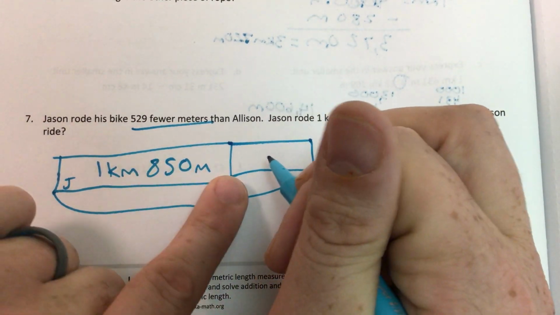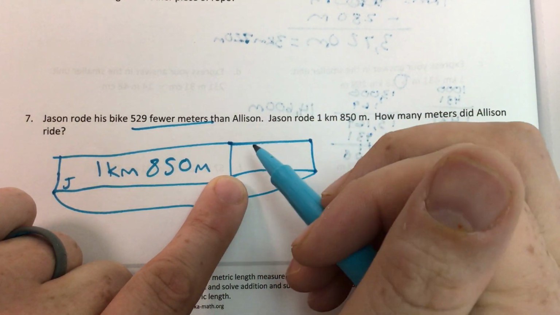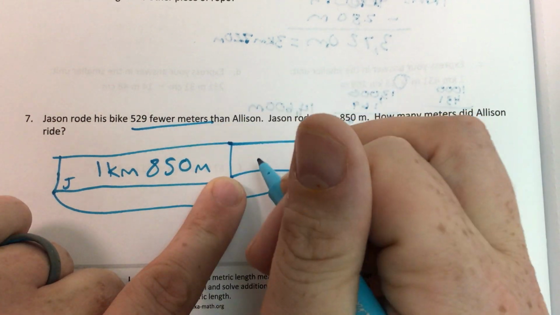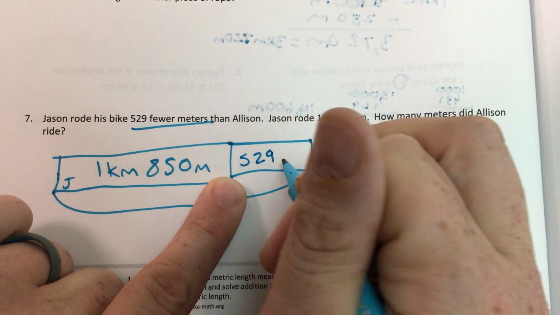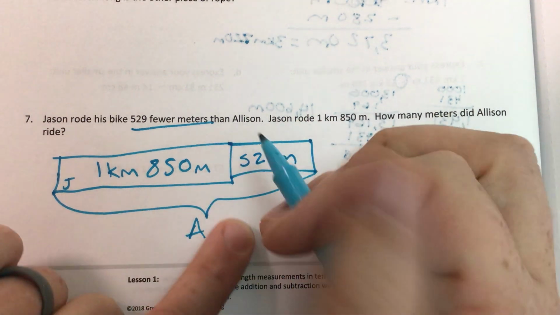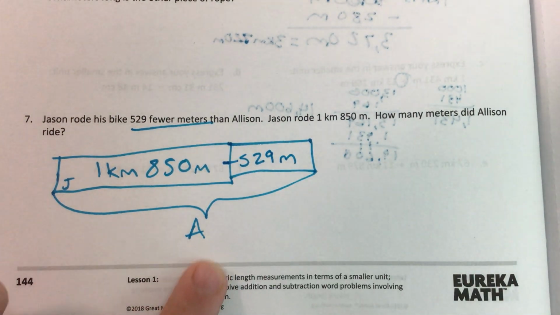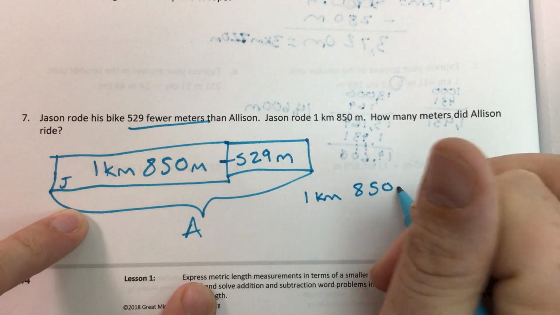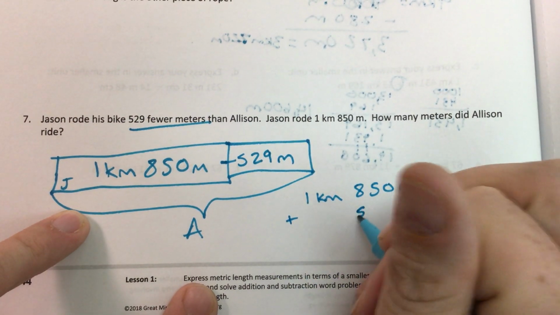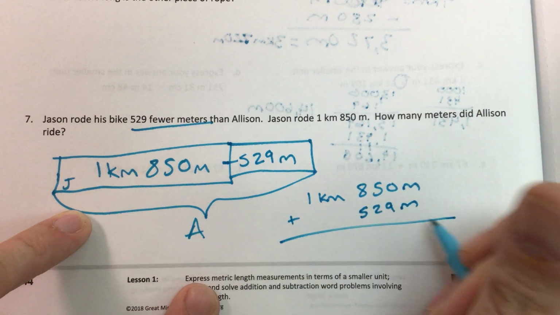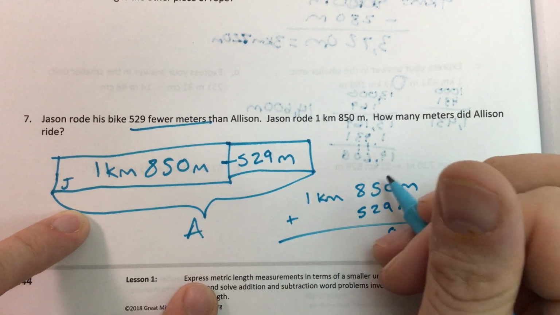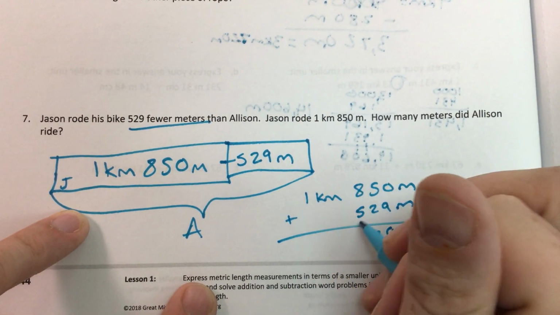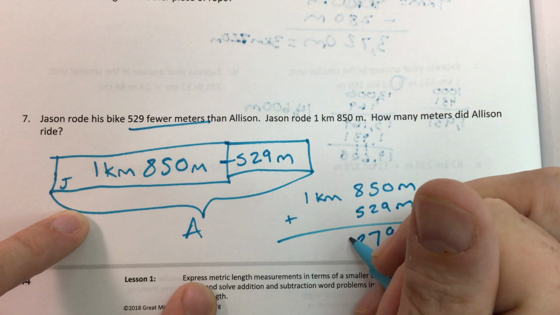What I would need to do is recognize what is the difference between Allison and Jason. It's 529 meters, okay? So if I add these up, what I get is 1 kilometer, 850 meters, plus 529 meters. 9 and 0 is 9, 5 and 2 is 7, 8 and 5 is 13.